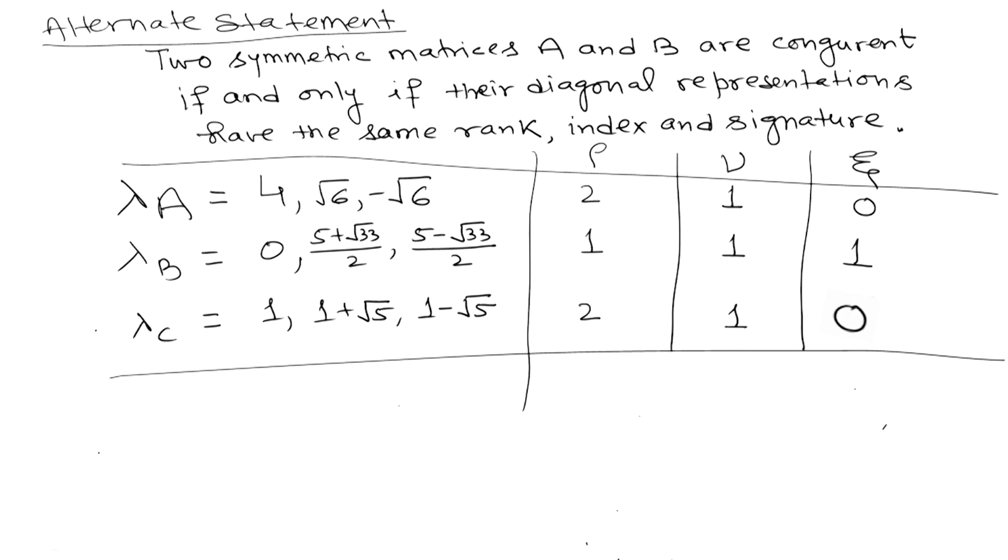So for A the inertia is 2 1 1, and for C it is also 2 1 1. So, again A and C are congruent to each other.